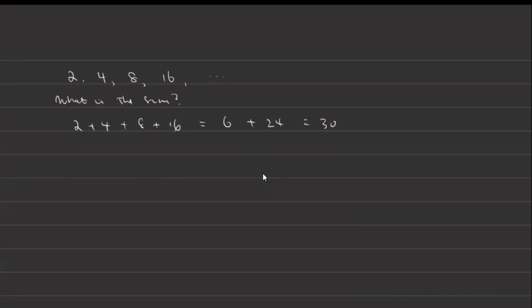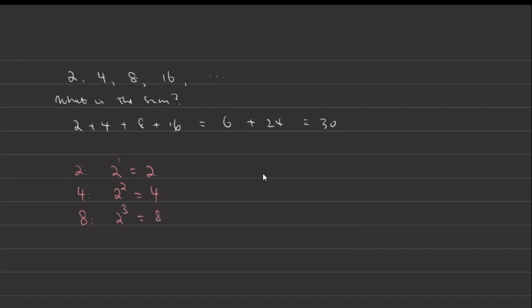So the key idea here is to realize that the number 2, which is the first digit in the series, is essentially 2 to the power of 1, and that basically gives you 2 itself. And then you look at number 4, which is the second number in the series. It is 2 to the power of 2, and that becomes 4. So on and so forth. You look at the third digit, number 8, and that is 2 to the power of 3, and that gives you number 8.